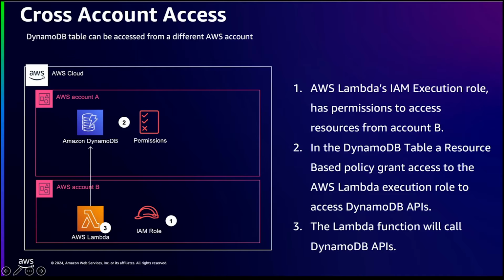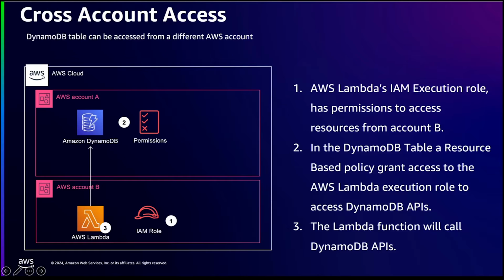So, in order, you will need to create the Lambda execution role and assign it to the Lambda function. When you have that ARN, you can go to the DynamoDB table in account A and modify or create a resource-based policy that allows the actions that you require on the DynamoDB table for that execution role.